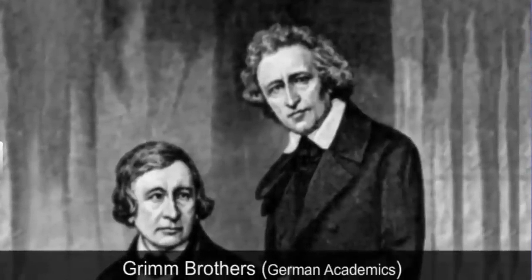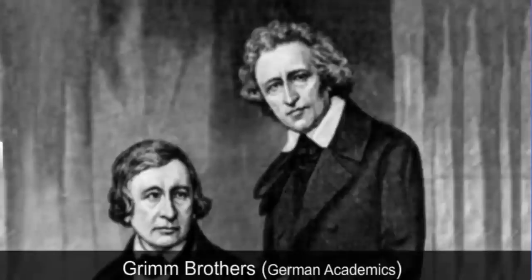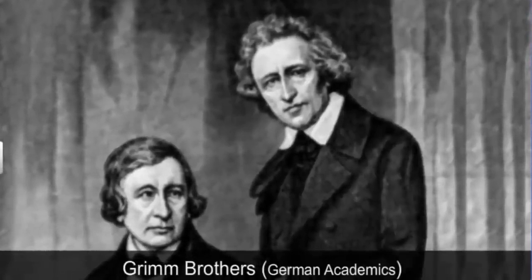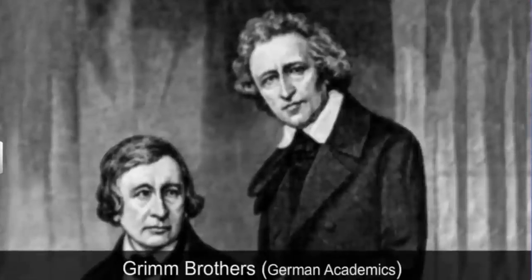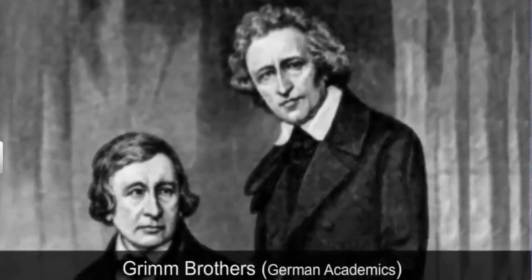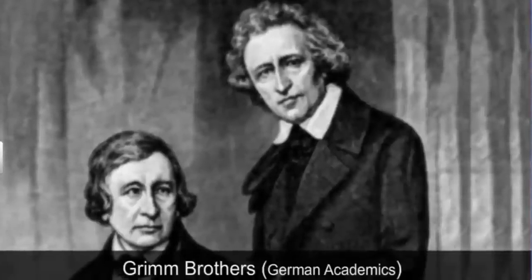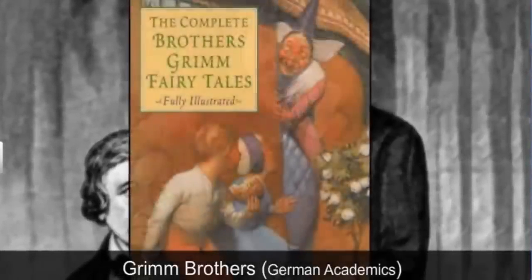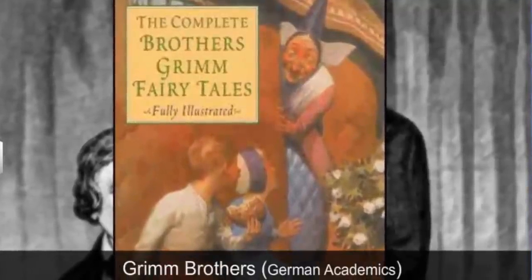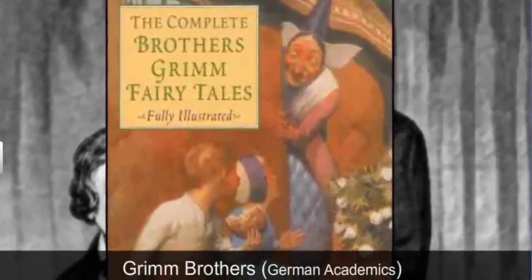Jacob and Wilhelm Grimm were born in Germany. The Grimm brothers believed that collecting German folk tales and popularizing German was a way of reinforcing the German identity. The revival of popular folk art forms and language helped people to identify with the cause of nationalism.